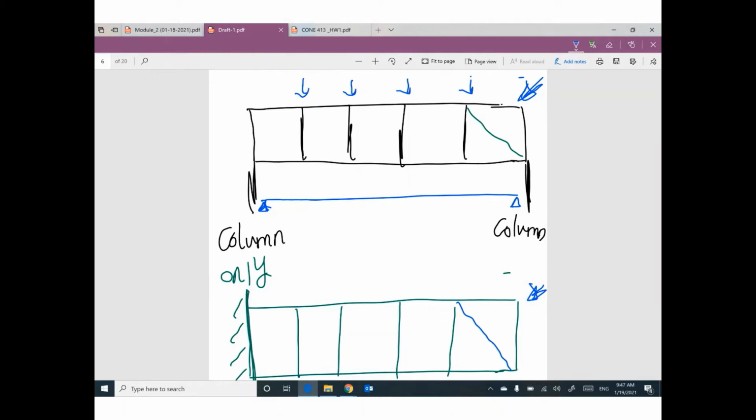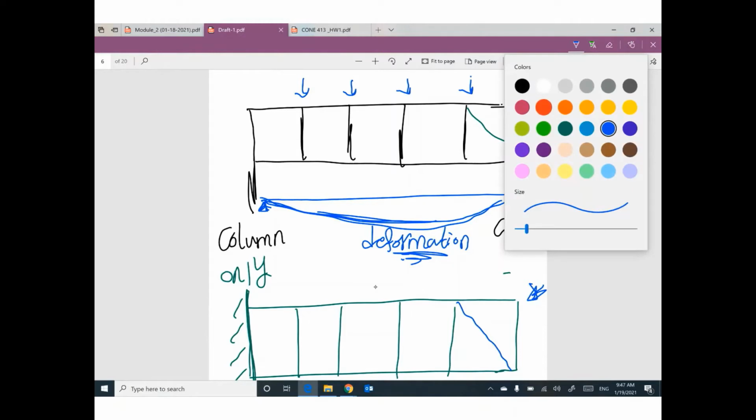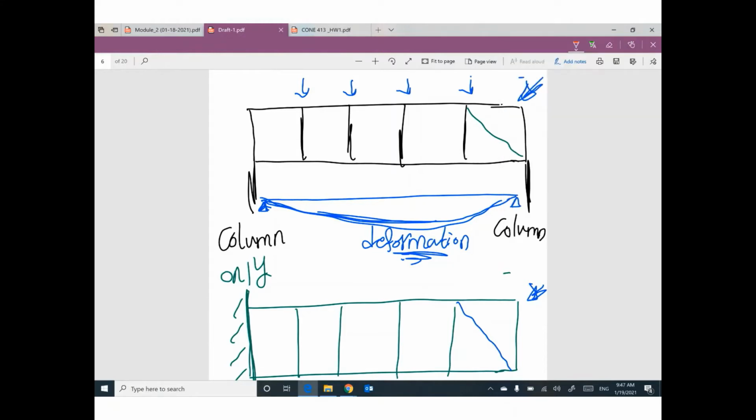The deformation looks like this. That's right. This is the expected deformation of the truss. I believe all of you agree with this. Your diagonals will be tangent to this deformed shape.